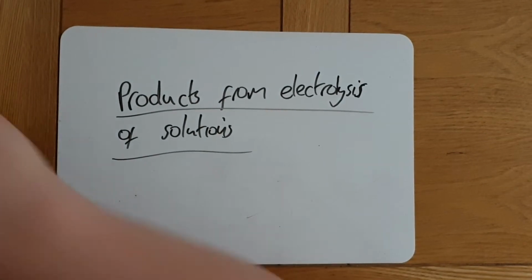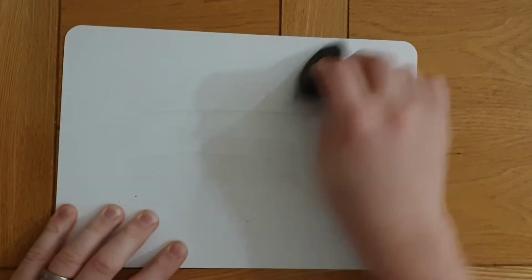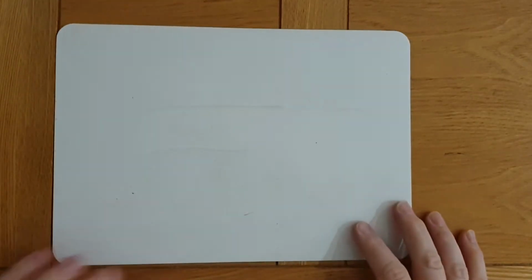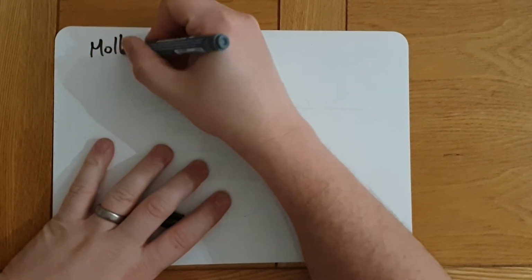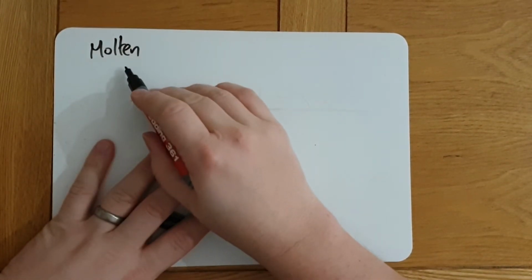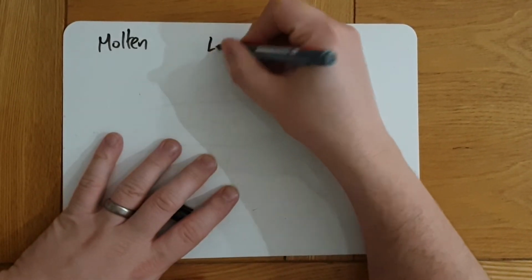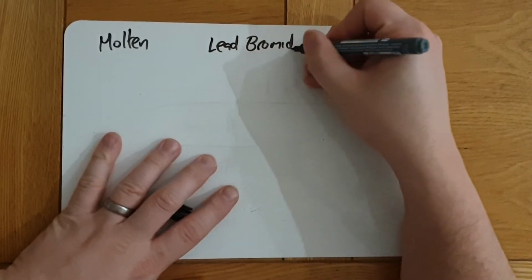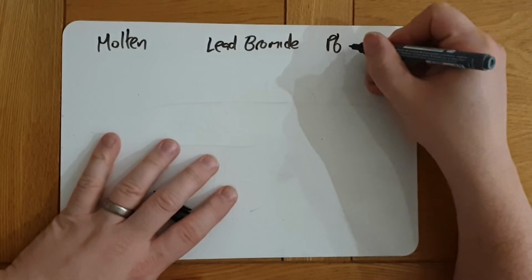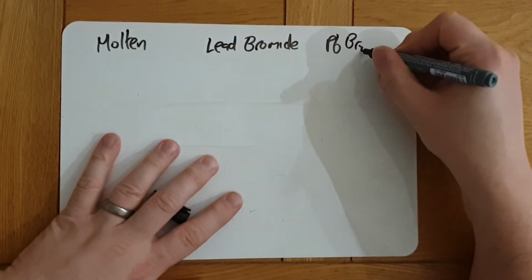So today, products of electrolysis from solution. So the solution bit is the key to this question, right? Because if you've got electrolysis of molten things, I'll just do a very quick recap. If you're doing electrolysis of a molten electrolyte, if we look at lead bromide, for example, and they would tell you this in the exam, Pb is lead, so lead bromide is PbBr3.